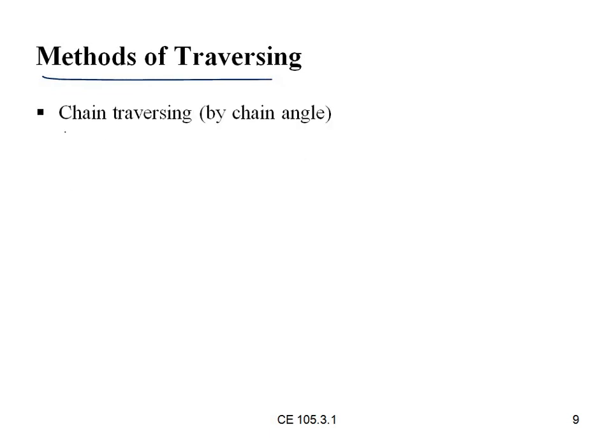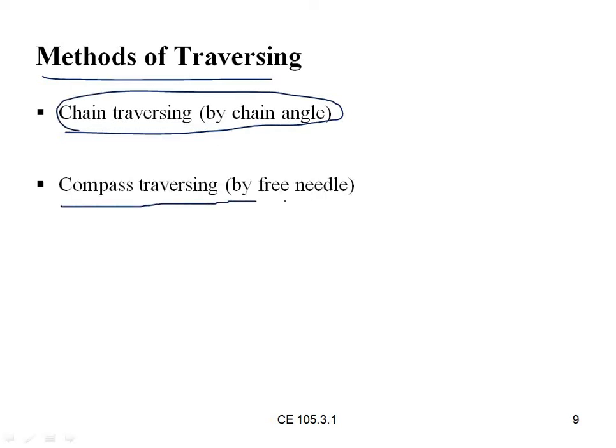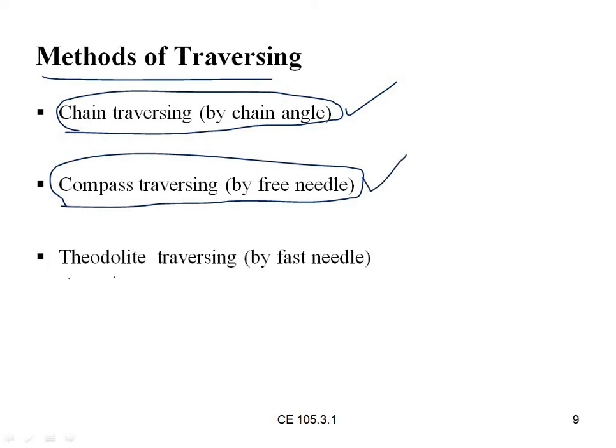So that is chain traversing by chain angle, compass traversing by free needle. The first one is chain traversing, only by chain angle we will be doing, and compass traversing with the free needle is another method. The next one is theodolite traversing, it is by fast needle.